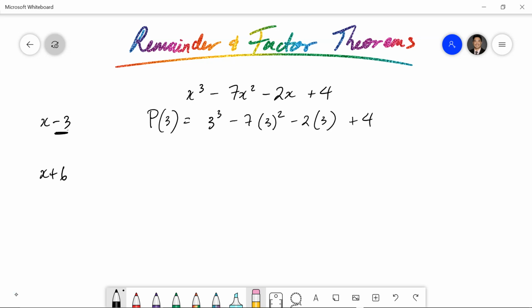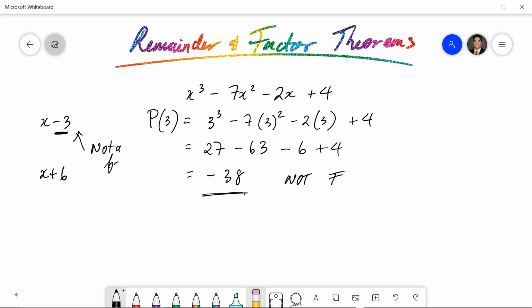All I've done is substitute like before. 3 cubed is 27, 3 squared is 9, so minus 63, minus 6, plus 4. When we put all of that together, we should have minus 38. Because this is minus 38, it is not a factor.